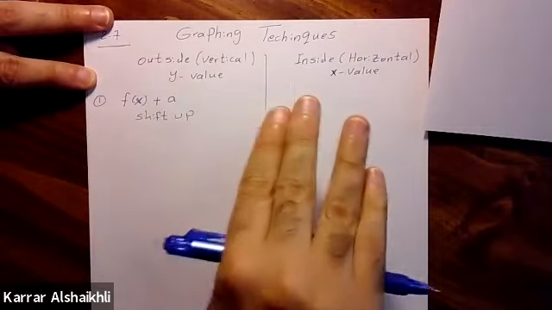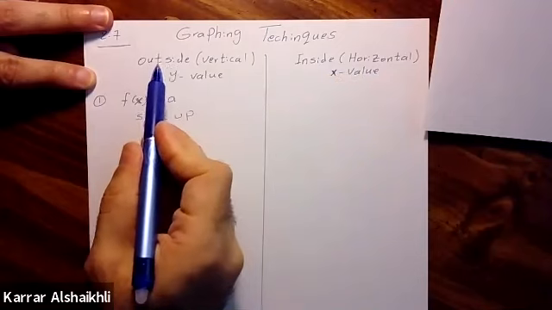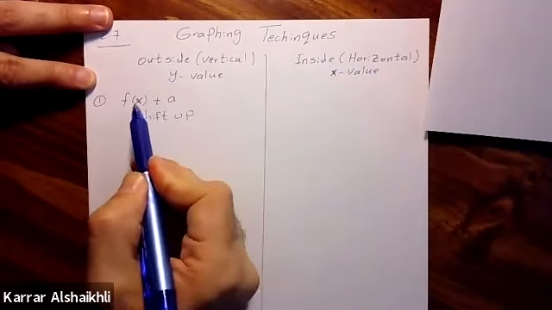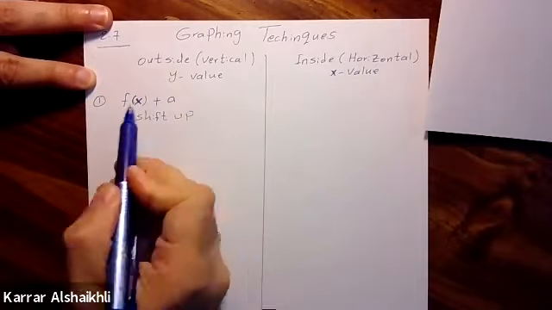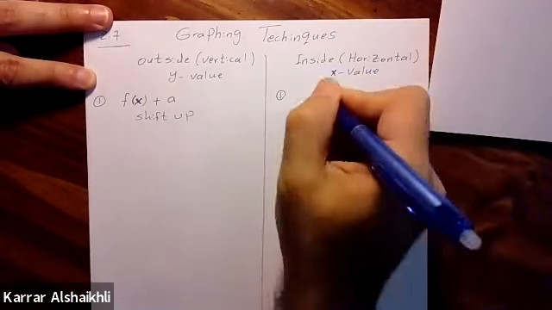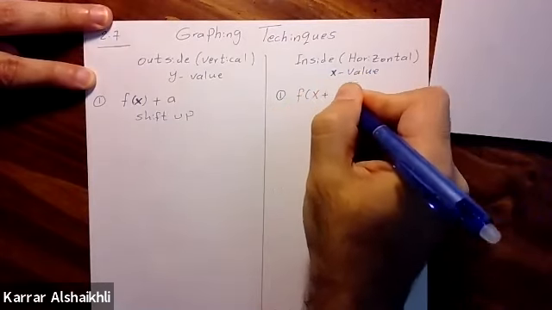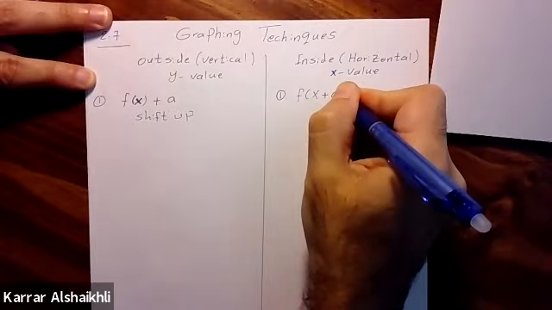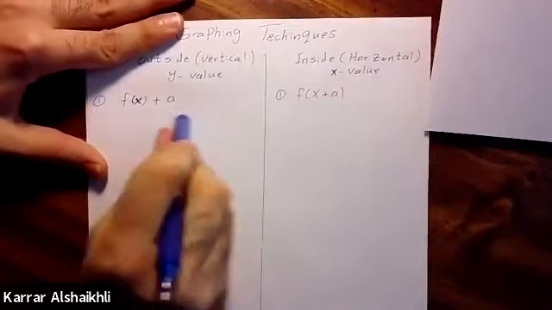Let's do the same techniques here. It says outside. That's why it says outside. That means the technique is outside the function. Let's do the first technique here: f of x plus a. Let's write it down here so we can make space.